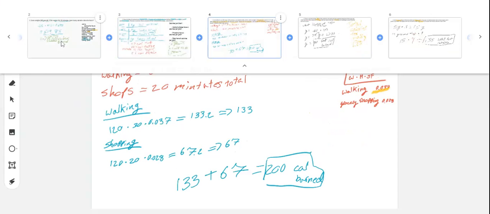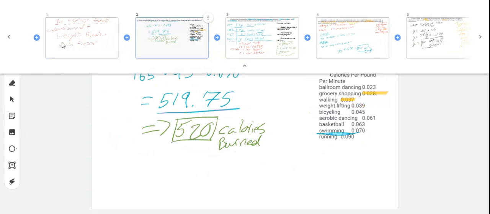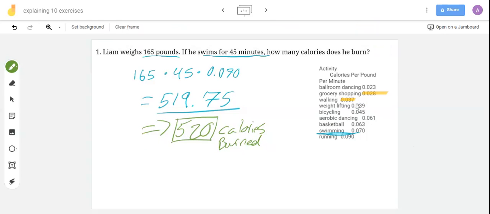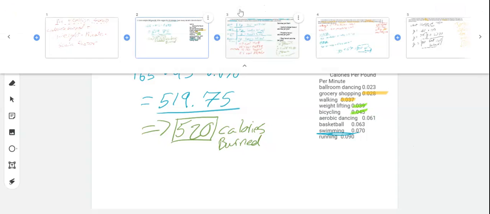So let's quickly go over to that to look at our scale factors, right? And go from there. So if we look at it from here, we will see that our bicycling would be 0.045. Our weightlifting is 0.039. All right.